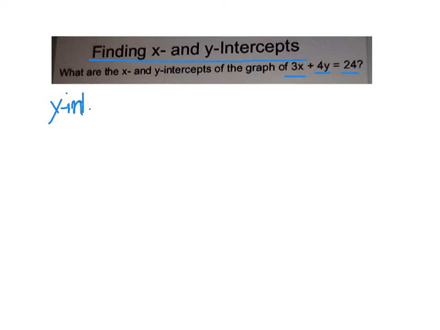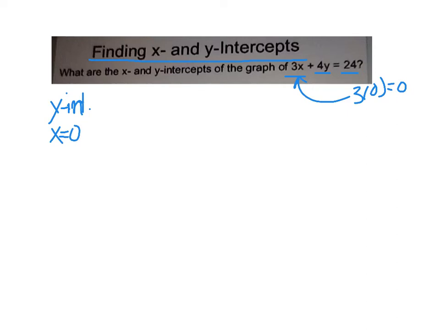So in order to find the y-intercept, we talked about that x is always 0. Now if we plug in 0 for x, 3 times 0 equals 0, and it goes away. If our x goes away, that means we can solve for our y. That's the intent there.